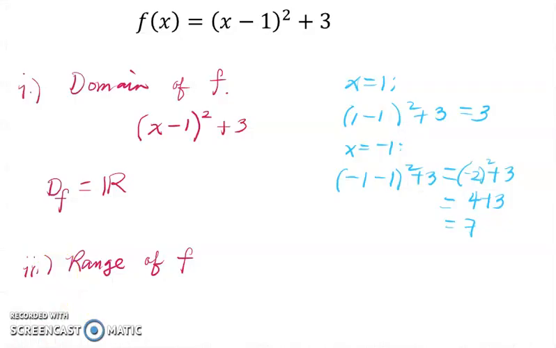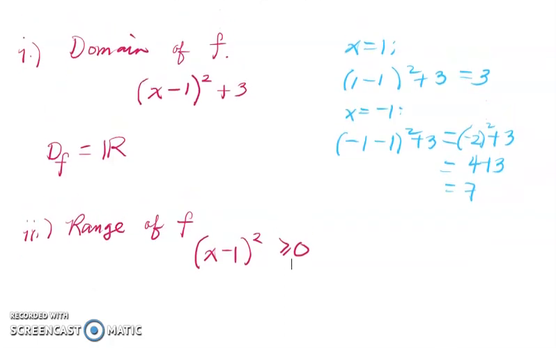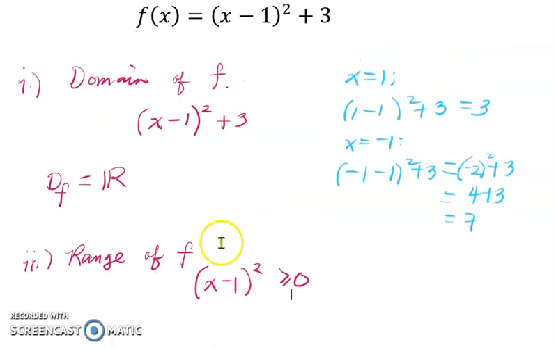Now for the range of f, we note that this particular value here of f of x, the x minus 1 squared, is always greater than or equal to 0. Ibig sabihin, no? So when you square a number, it's always greater than or equal to 0. It's just multiplying a number by itself, right? So it's always greater than or equal to 0.